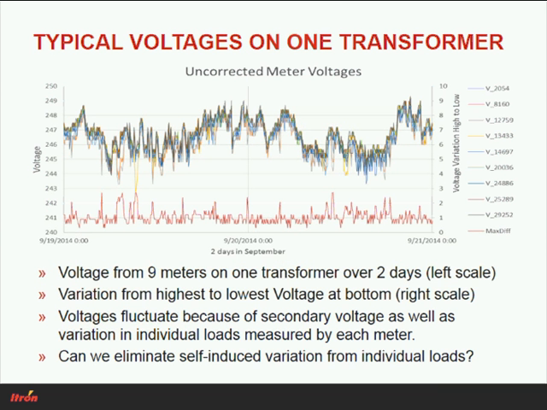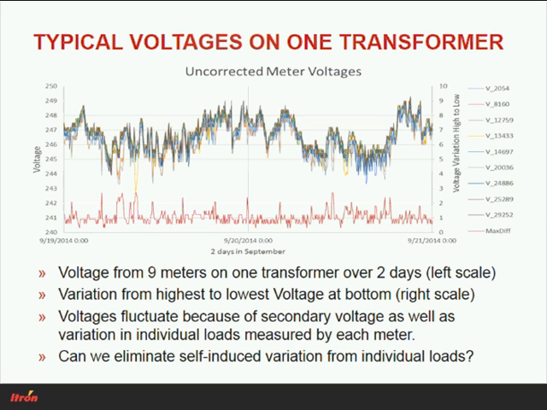So how do we go after this? Let's look here at the uncorrected meter voltages of, in this particular case, 9 meters on one transformer, and at the bottom we're seeing a trace which shows the maximum voltage difference from one meter to another.